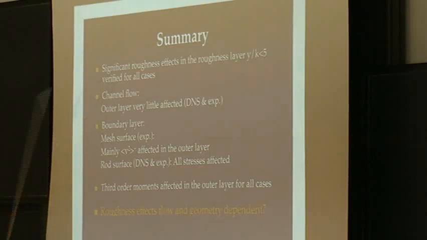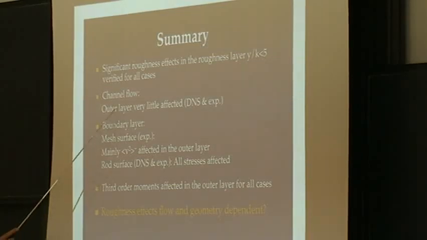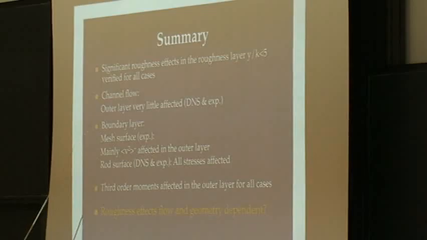So, to conclude, obviously, as suggested by Townsend, there is a roughness layer near the wall where everything changes, but we've also seen that in the channel flow there is little effect, both in the DNS and in experiments in the outer layer.